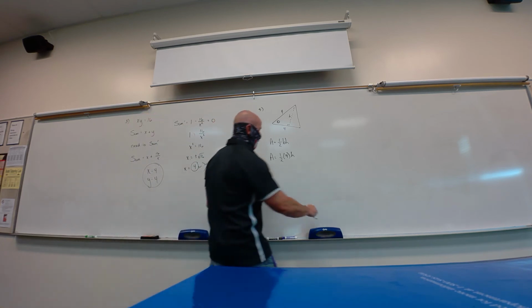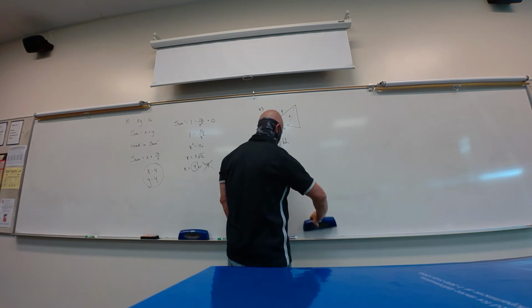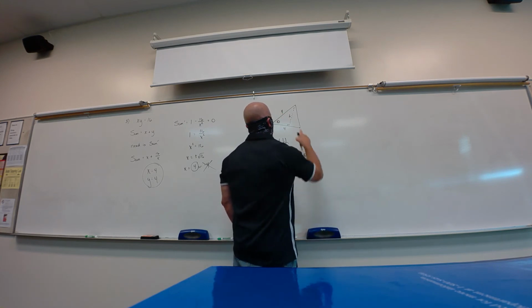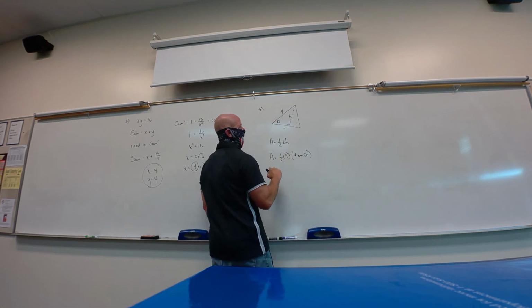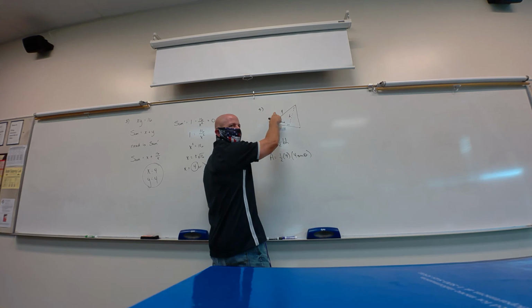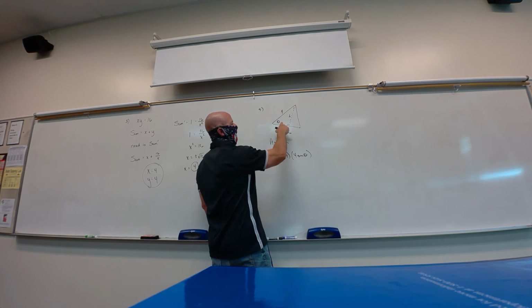Now as far as the 4 sine theta, back up there where that came from. I'm looking at my triangle here. Opposite, hypotenuse. So H is the opposite, 4 is the hypotenuse.